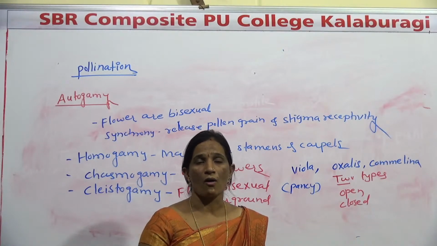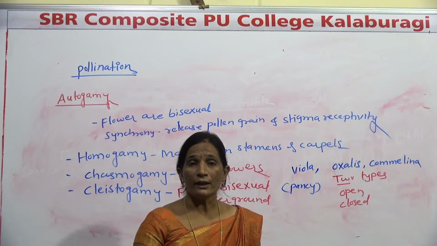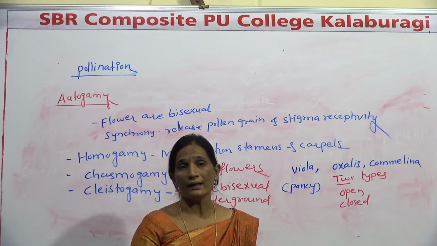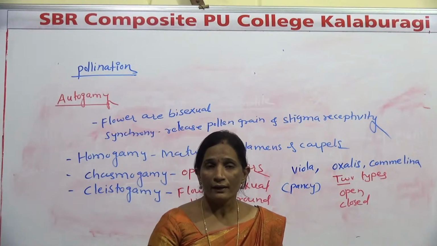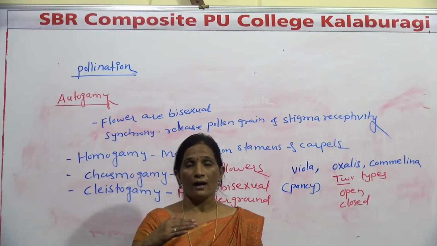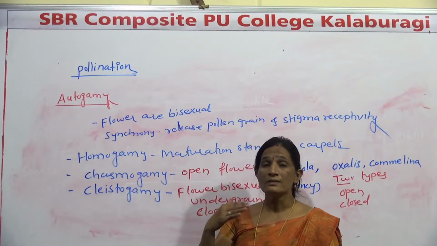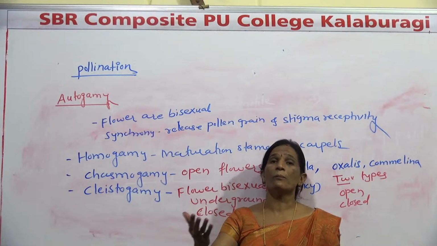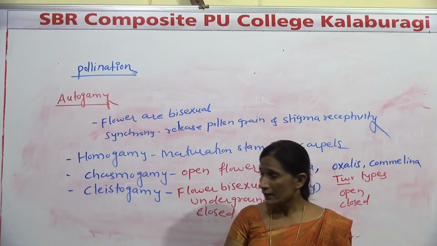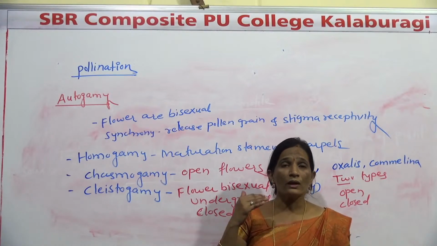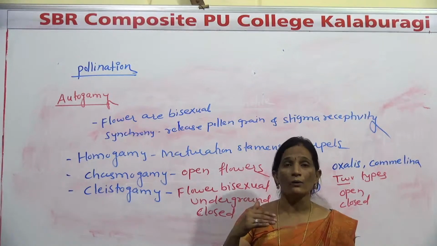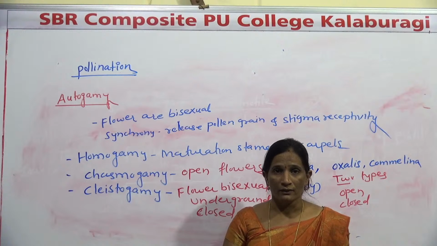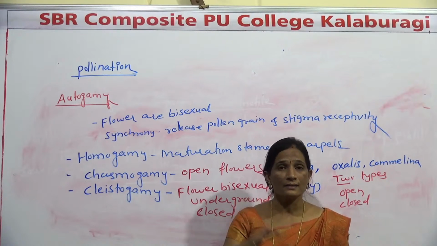There is no chance of cross-pollination. They do not depend upon a pollinating agent. They have assured seed set, meaning they set seed without a pollinating agent. Remember, a very important point.